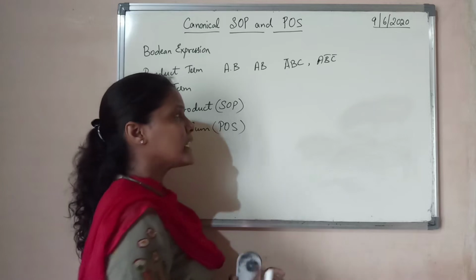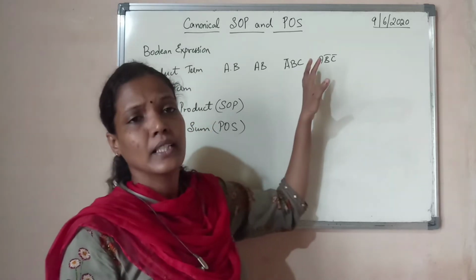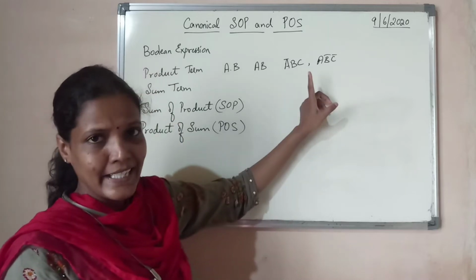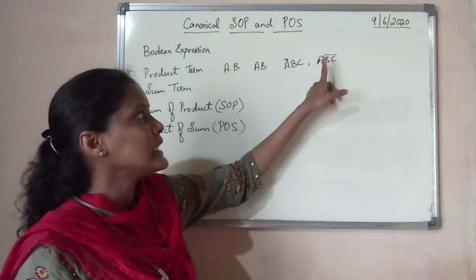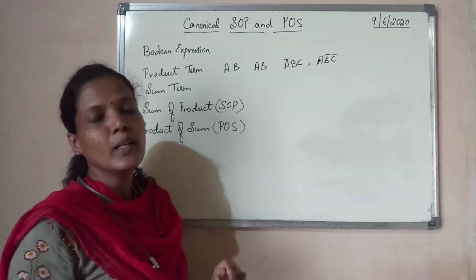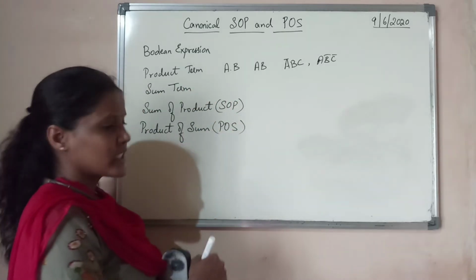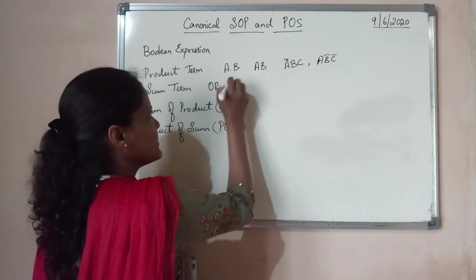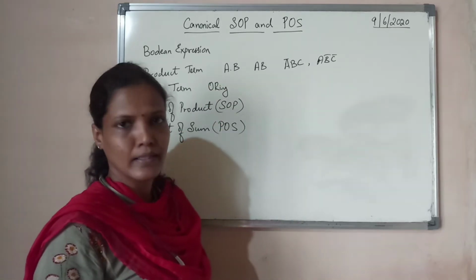So the variables have to be in the complemented or the uncomplemented form. The logical ANDing of the variables, either in the complemented or uncomplemented form, is called the product term. When coming to the sum term, logical ORing of the variables is called the sum term.